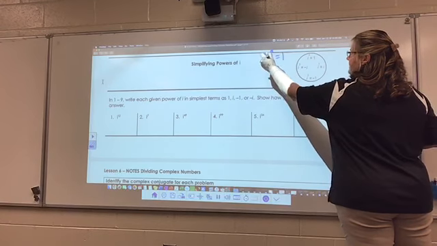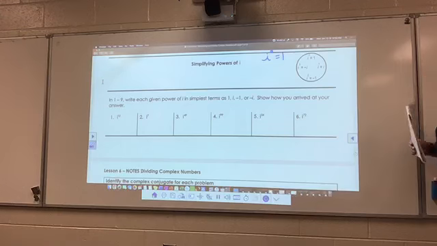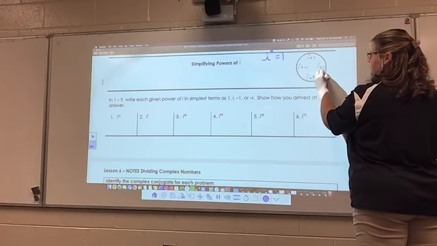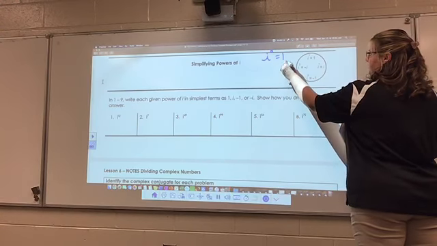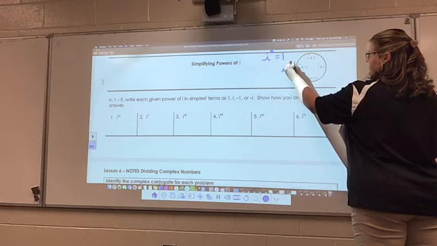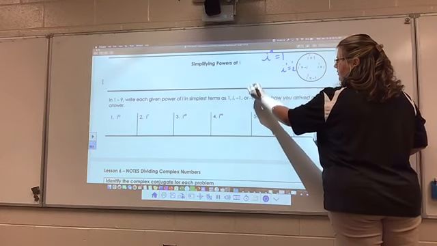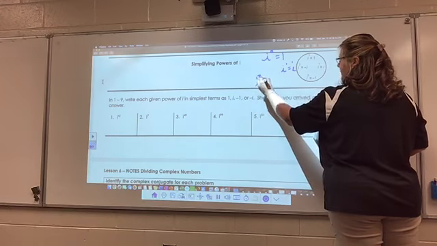So what that says is that I to the 0 power equals 1. I don't know if you remember your 0 power rule. And then this one is just I to the first. Well, that just equals I. Then we learned, what does I squared equal? Negative 1, right?